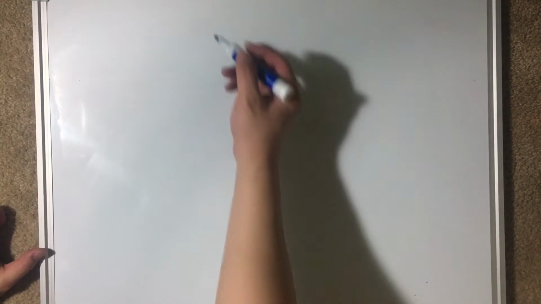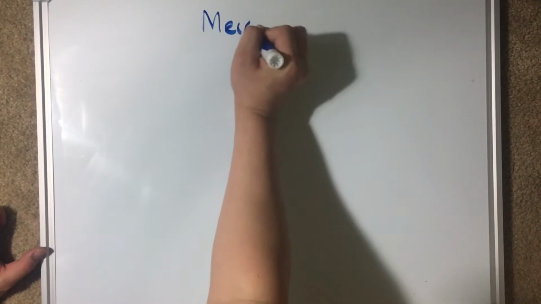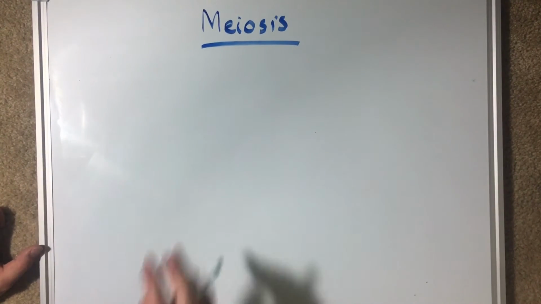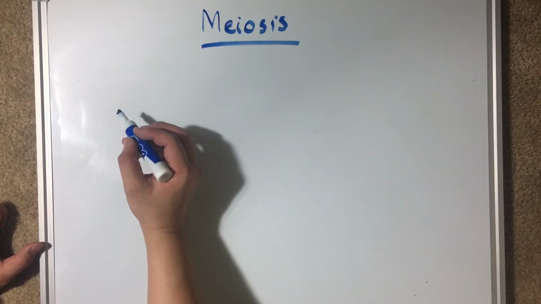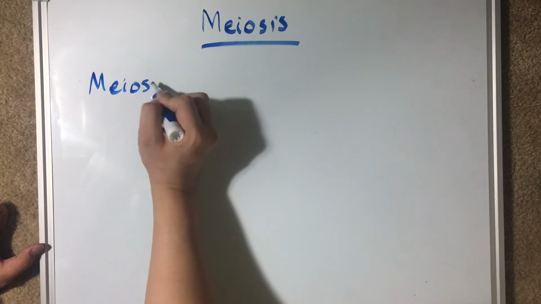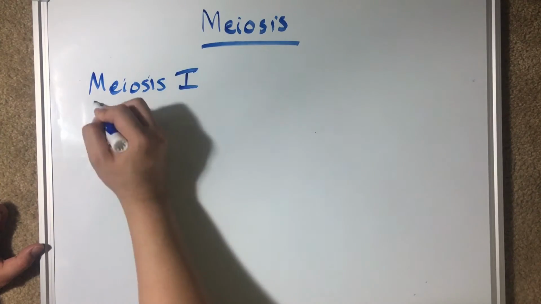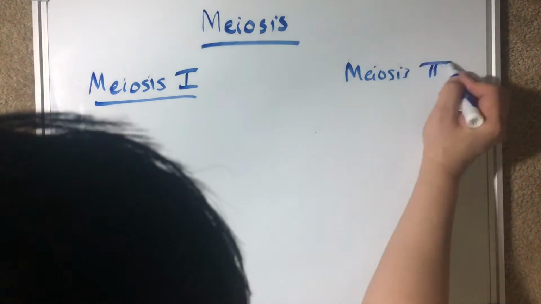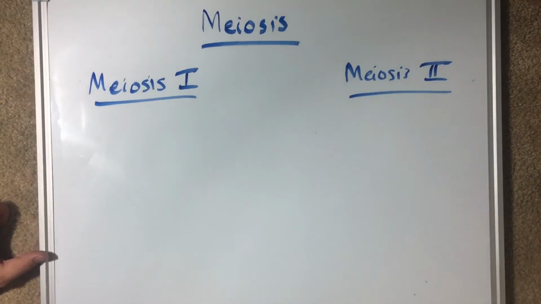All right, let's talk meiosis. Now, in meiosis, we have these following phases. We can break them down into meiosis 1, and we have here meiosis 2. Okay?